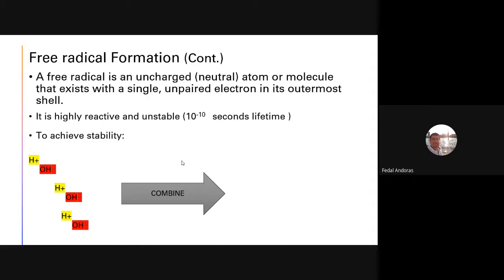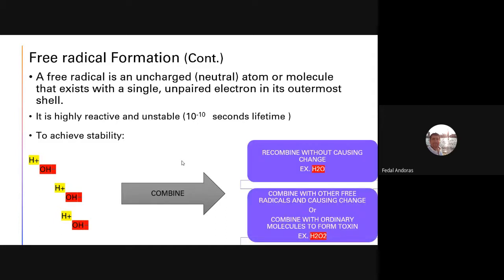What will happen? If it's recombined without causing any change, we will get a water molecule again. And that's good. So ionization happened, free radicals formed, and they recombine again and we have H2O again. But the other problem is when it's combined with other free radicals and causing change.